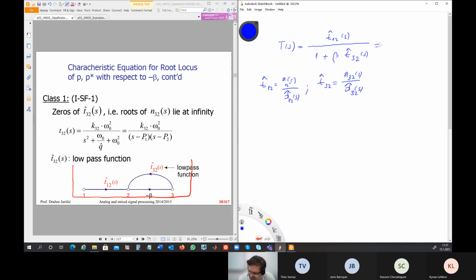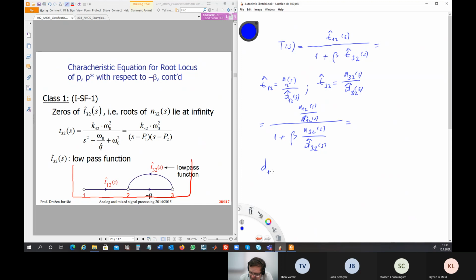And if we include it here, we can write N12 of S over D12 of S, over 1 plus beta N32 of S over D32 of S. Now, if we want to continue to the next step, what do we need?